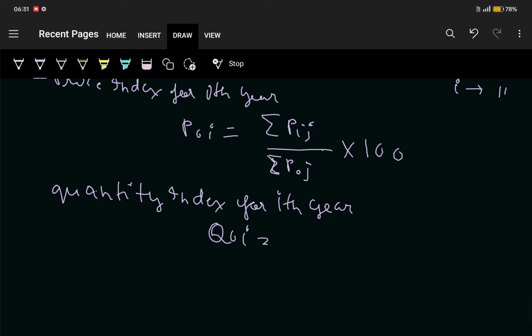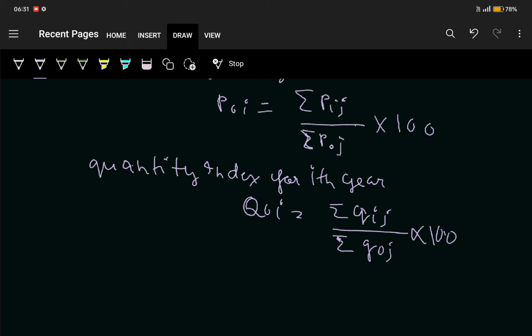It is summation of quantities of commodities in that year, means in the ith year, and this is Q0j, means this is summation of quantities of commodities in the base year.